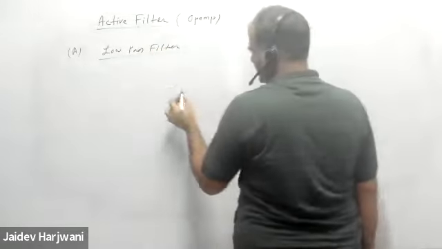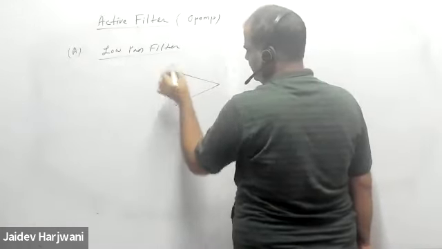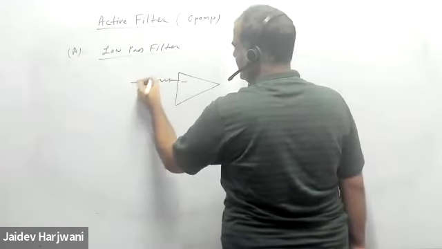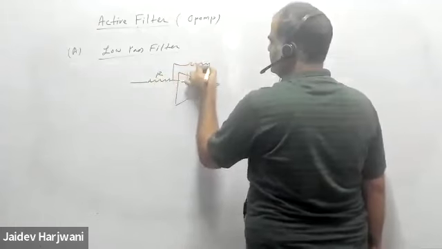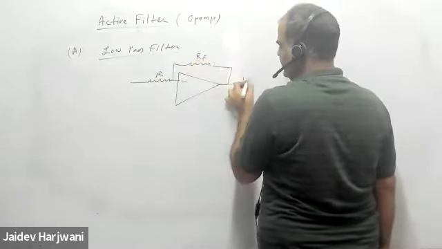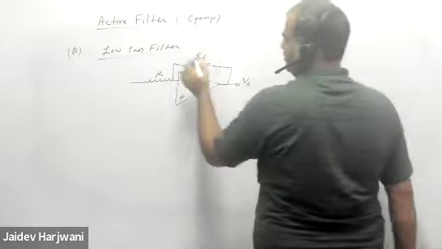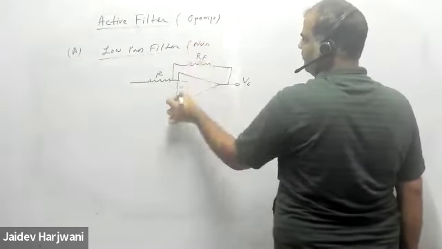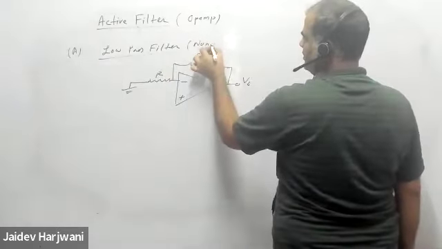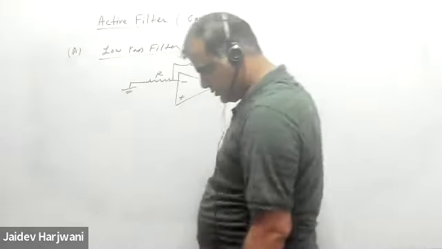Again, I use negative feedback. So you have here, say, R, and here you have RF. Here I'm taking V naught. So this is the low pass filter in non-inverting configuration. I am applying the input at the non-inverting terminal. This will be ground.